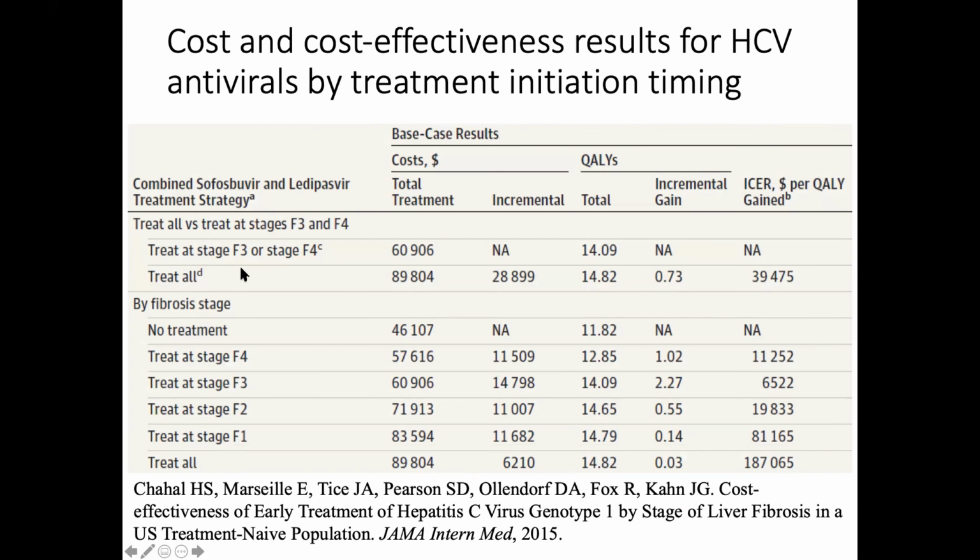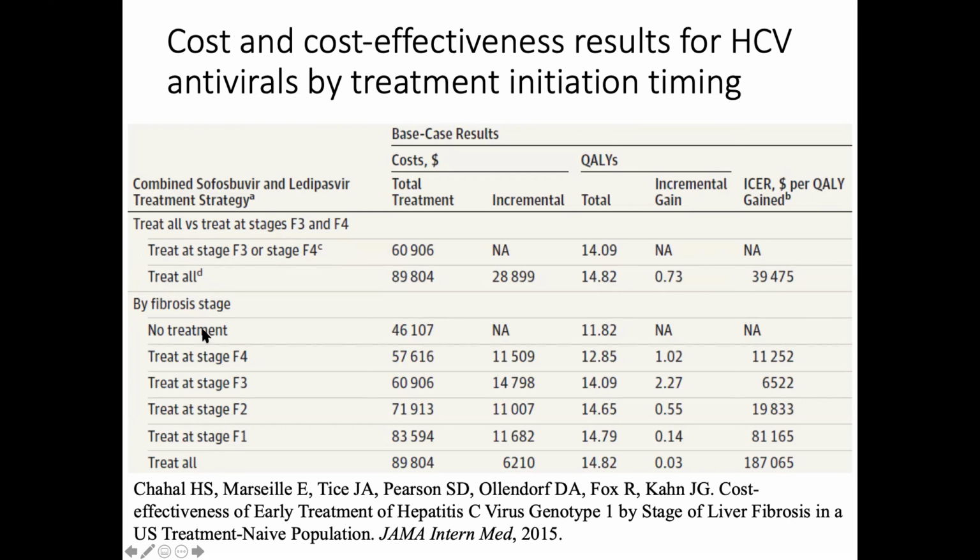First of all, we looked at treating everyone versus treating those only with late stage liver fibrosis. So treating everyone as soon as we know they're infected versus treating only once the liver has problems. And what we found over here, I'm going to skip over a lot of the details, is that the ICER was $39,000 per quality gain. So it looks like a good deal to treat everyone.